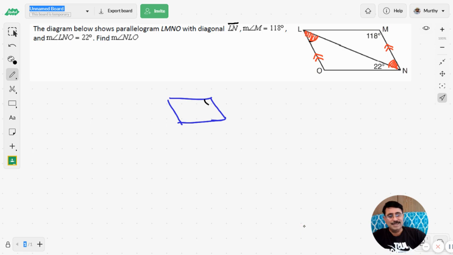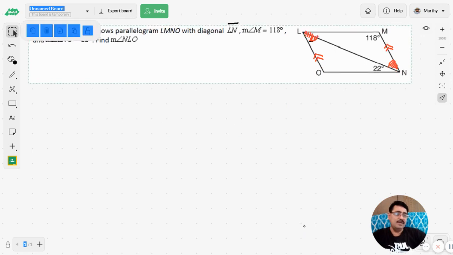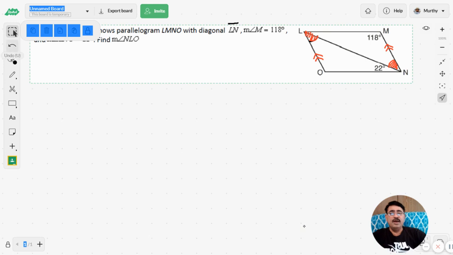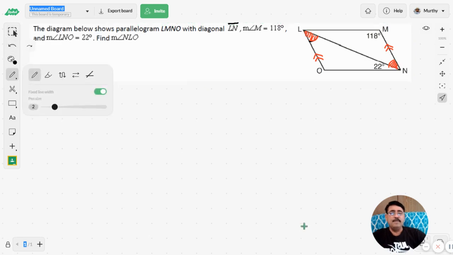Consecutive angles means this angle plus this angle, the sum of these two equals 180 degrees. I repeat, in a parallelogram, the sum of consecutive angles equals 180 degrees. Don't forget these rules.